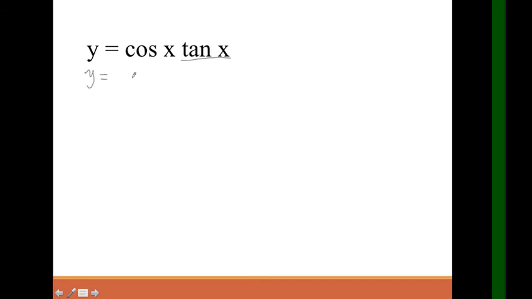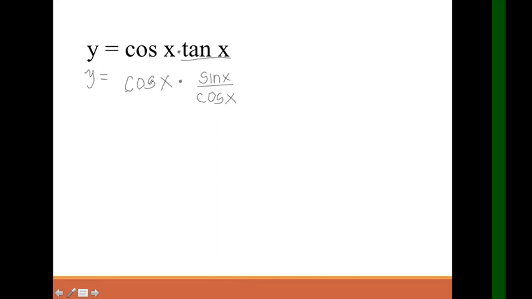As we all know, isusulat ko muna ito. The trigonometric identity for the tangent, ibig sabihin niya multiplication, no? Meron siyang parang multiplication sign dyan. So, trigonometric identity for the tangent x is sine x over cosine x.